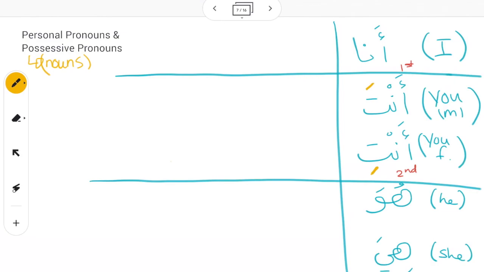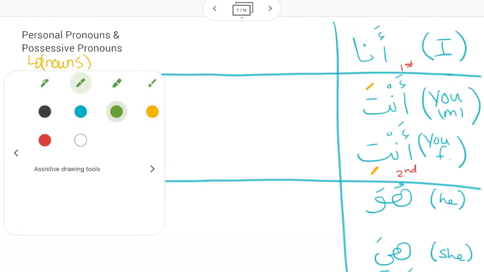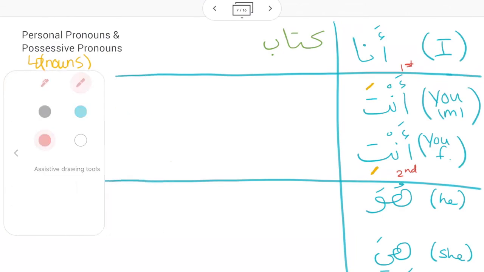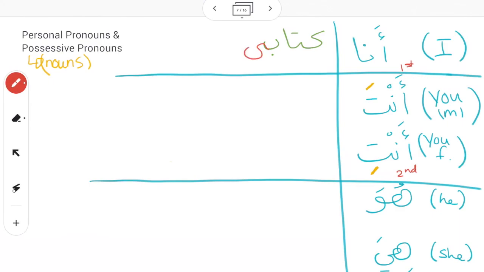So if I have, let's stick with the same word that we did in the last slide, which was kitab. If I want to make it my book, I take the word kitab, and to make it mine, I add the letter ya to the end of it. Kitabi. When you attach ya to the end of a noun, it means my.